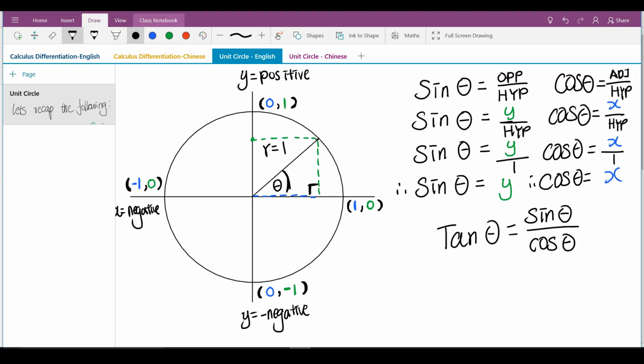So therefore, tan theta is just y over x. That's tan, which also makes sense because that's what a tangent is.